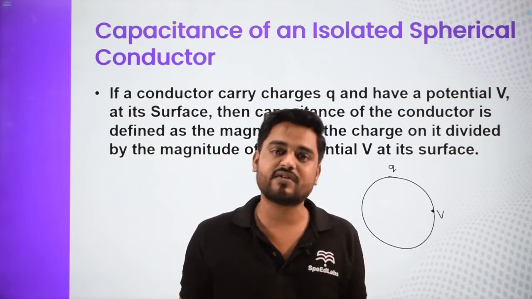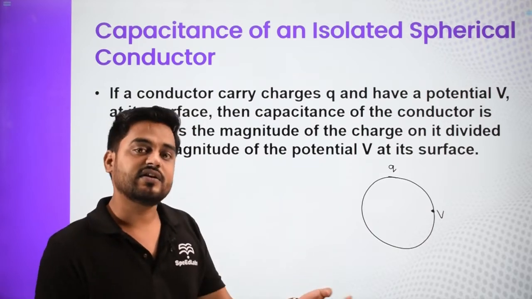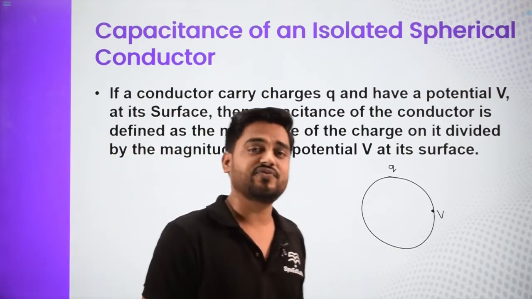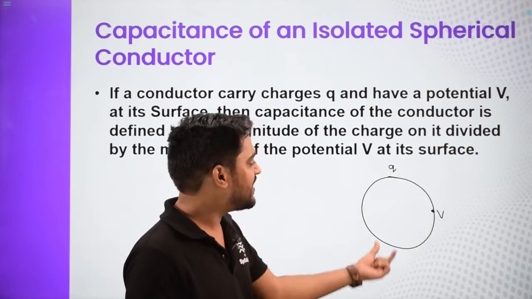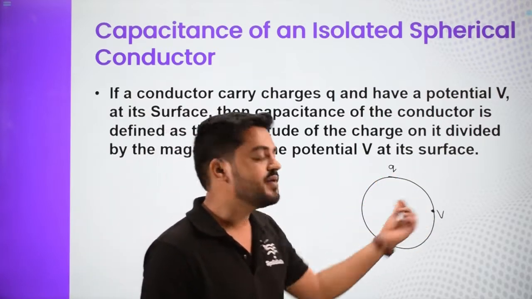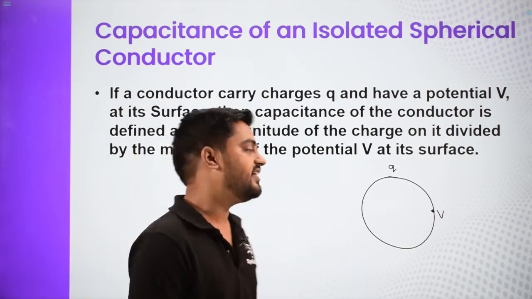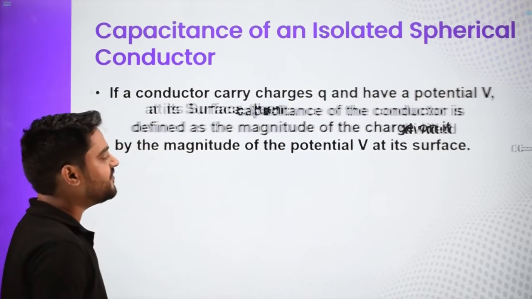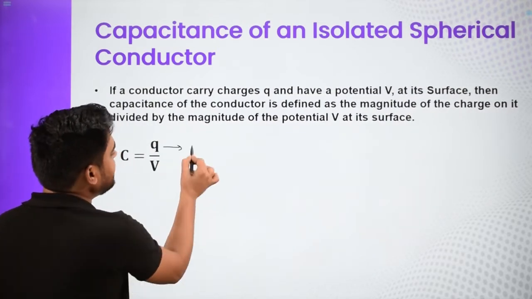For a system of two conductors, capacitance is defined as the charge divided by the difference of their potential. But here we have a single sphere with Q charge on it, and V is the potential of the entire conductor. We know that the potential of the entire conductor is the same throughout, right? So it is defined as C equals Q by V again, but this Q is the charge on the conductor.